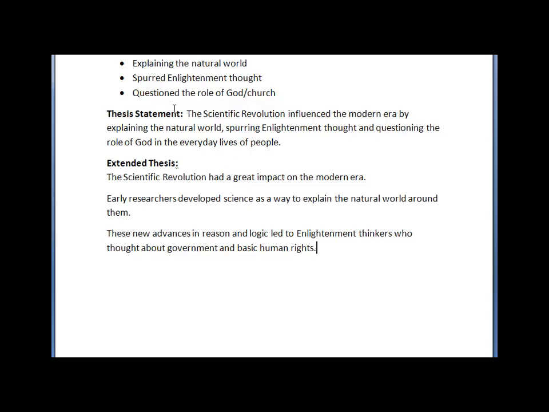So instead of spurred Enlightenment thought, I've explained that a little bit. They took reason and logic and used that to go beyond just science and to apply reason and logic to things like government, things like basic human rights, and start thinking about those things. And that really was what encapsulated the Enlightenment movement. So I've got a bigger statement there.